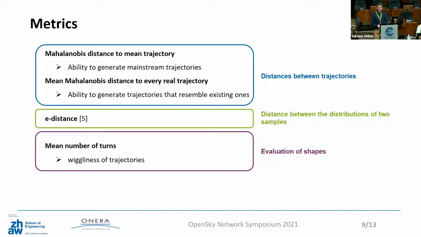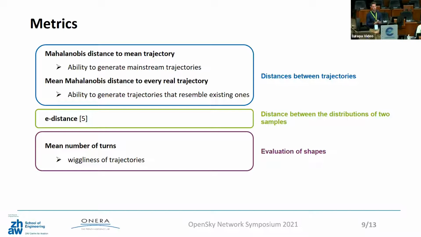Then the mean Mahalanobis distance to every real trajectory, which is more the ability to generate trajectories that resemble existing ones. Then we have maybe the most important metric here, the E distance, which is pretty much the distance between the real distribution G and the distribution G hat we estimated.